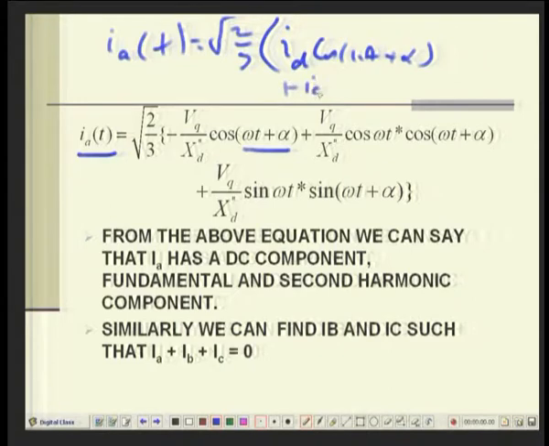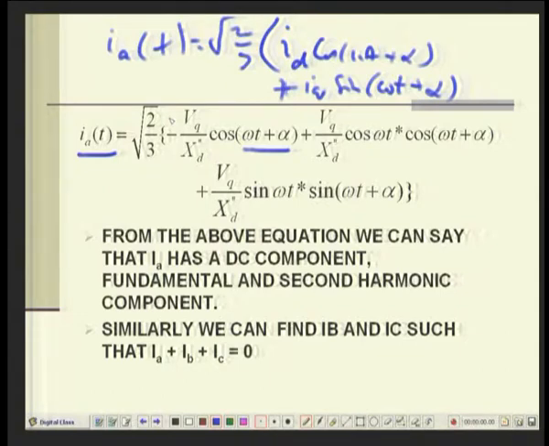Anyway, you check up, IQ sin, isn't it? You go back, I naught is 0. Go back to the inverse transformation of the dq to abc.